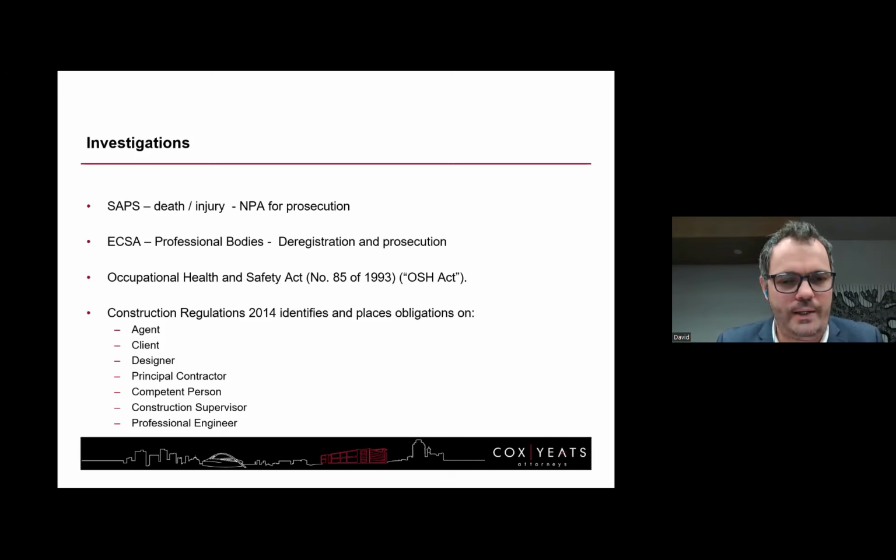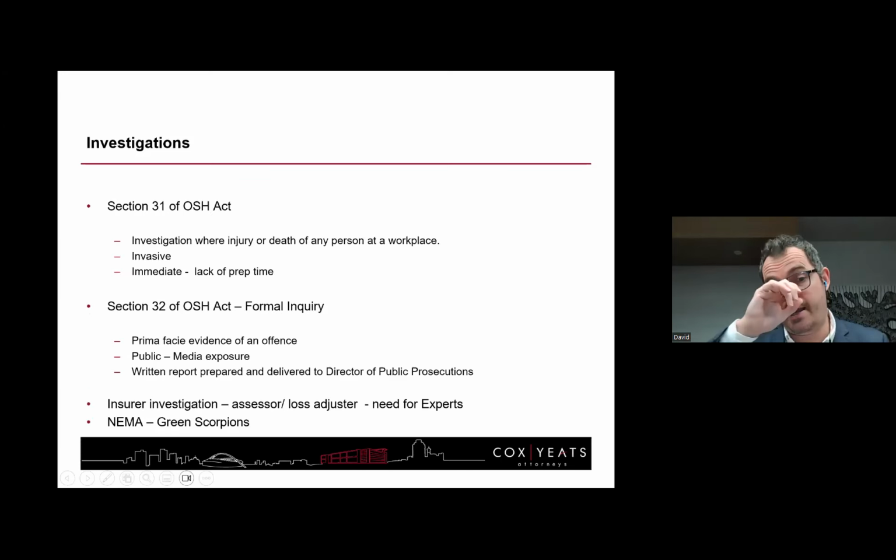The really big one is the occupational health and safety investigation that happens in terms of the Act and the Construction Regulations of 2014. So what happens immediately upon a collapse where people are injured and die is Section 31 kicks in.